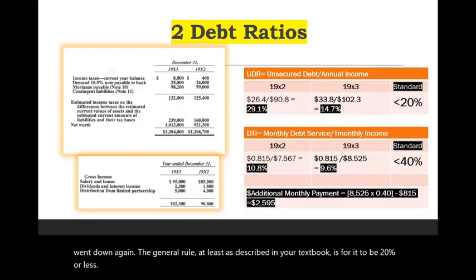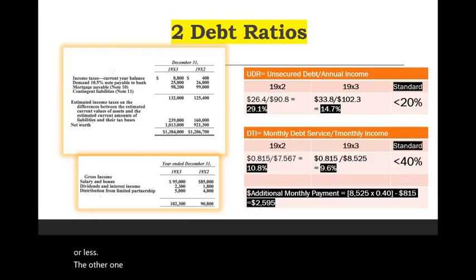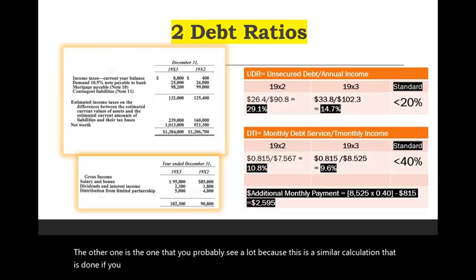The other one is the one that you probably see a lot, because this is a similar calculation that is done if you were applying for, say, a mortgage or a car loan on the retail side of banking.